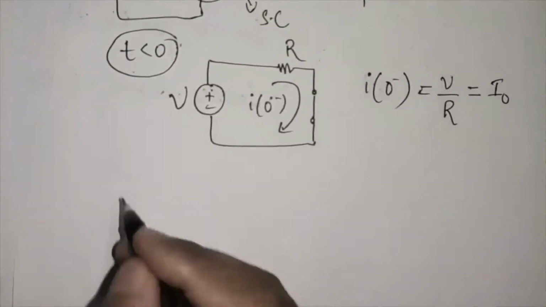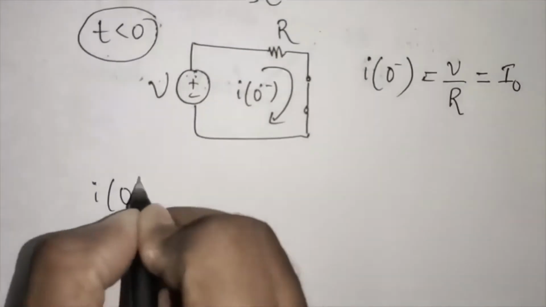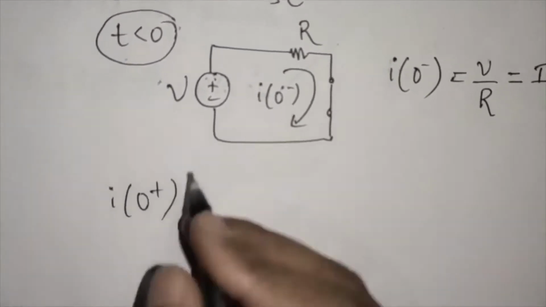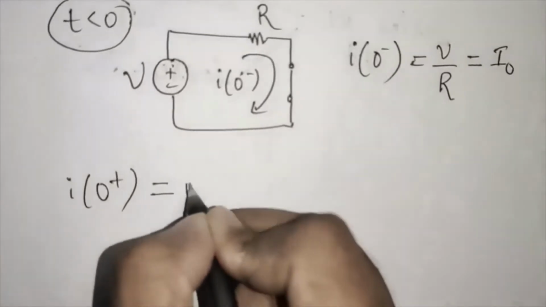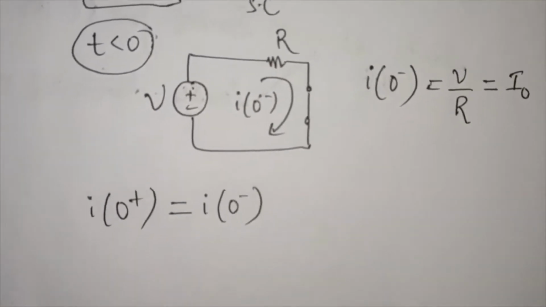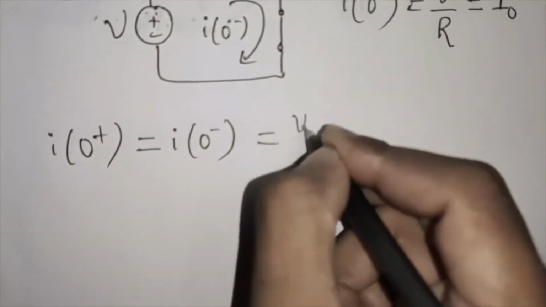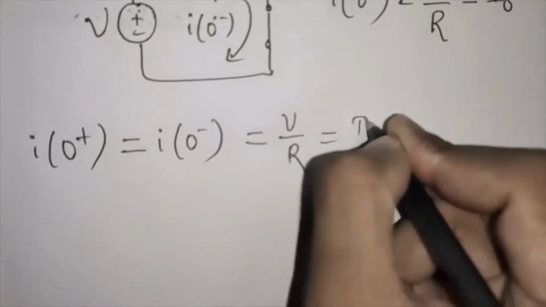So I of 0 plus, that is immediately after switching, the current flowing through the inductor is the same as the current before switching, which is V by R, and that is I naught.